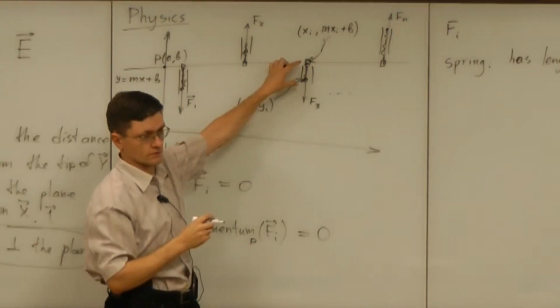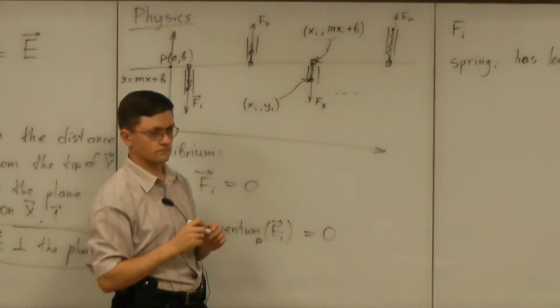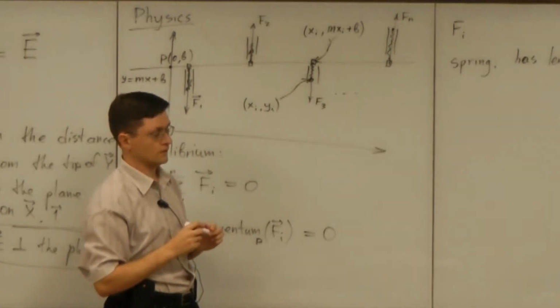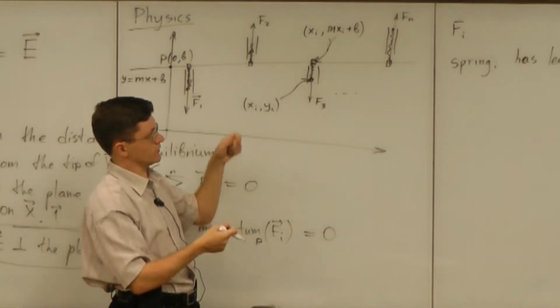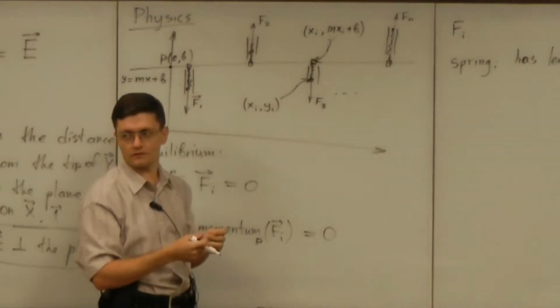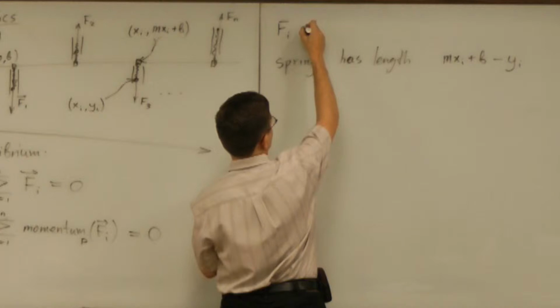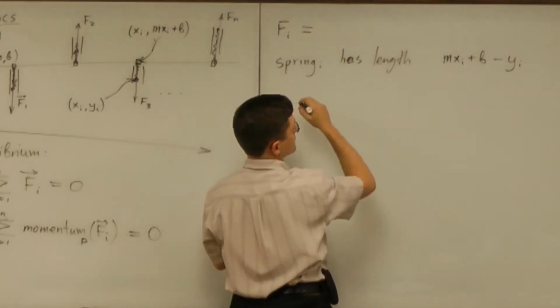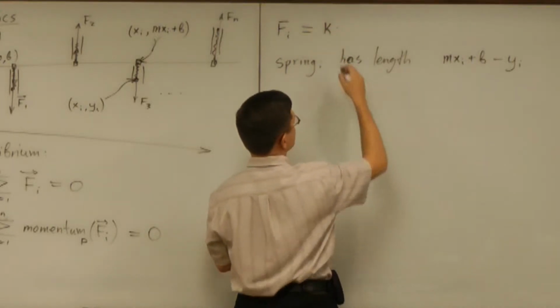The difference of y coordinates. And then, if the spring is that long, what will be the simplest way to set up the force? Won't it be the force is equal to some constant k times the length?